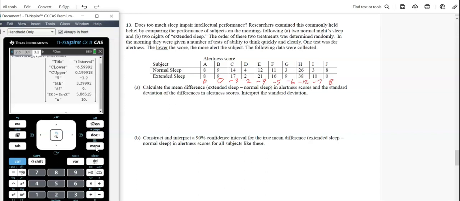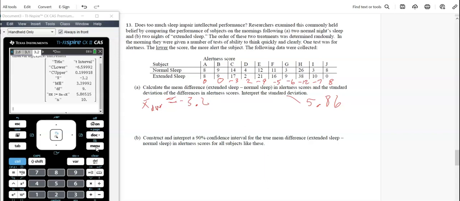Okay. Standard deviation, by the way, is 5.86. Calculate the mean difference. The mean difference, x bar of the difference, was -3.2. Let's see, alertness score.